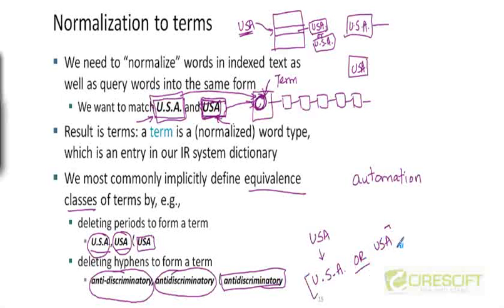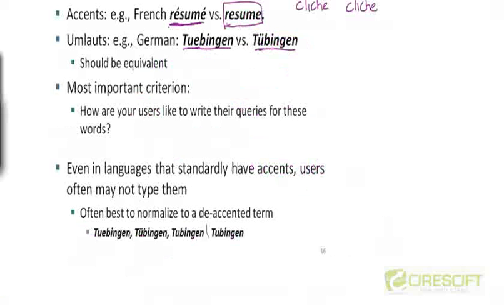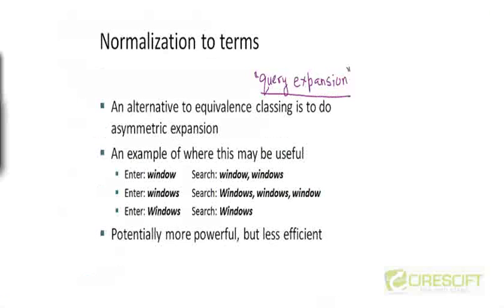That means the postings list that will be looked up will be both u.s.a and USA. So based on what this query is expanded into, we'll take this list of terms, look up each term in the dictionary and take the OR of the postings lists of all those terms. So this is called query expansion.